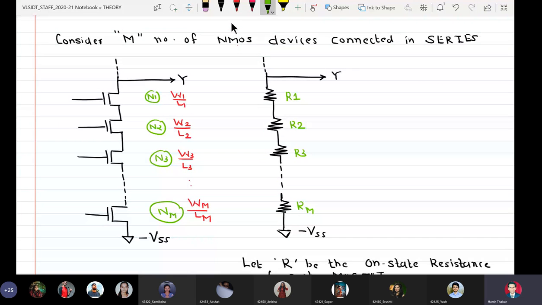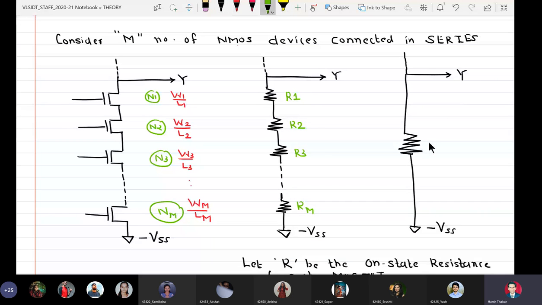Now we know since years that whenever resistors are connected in series, the equivalent resistance is the summation of individual values. That is the same concept I am going to apply here. So what is the effective resistance of M number of NMOS devices connected in series when they are in on condition? It is like this: Y here, and we have one single resistance representing the series connection, like this, to VSS.